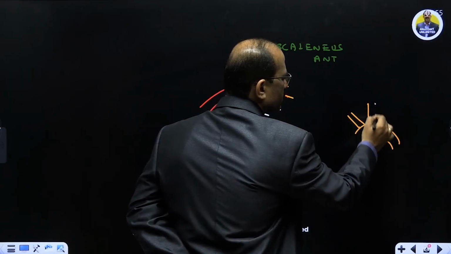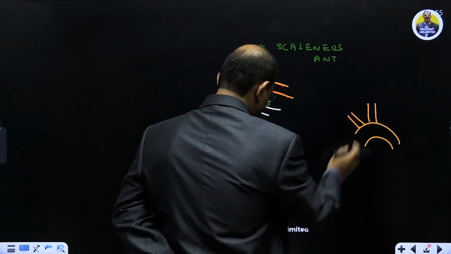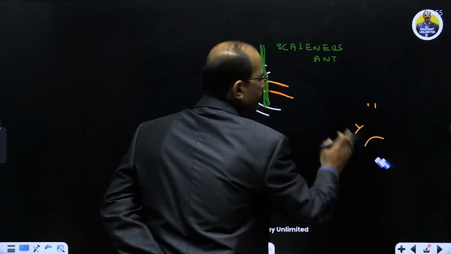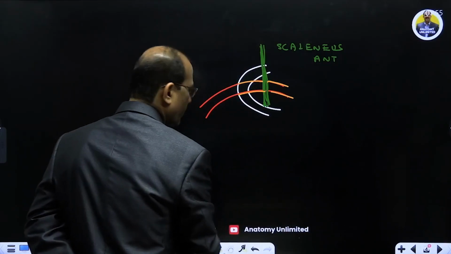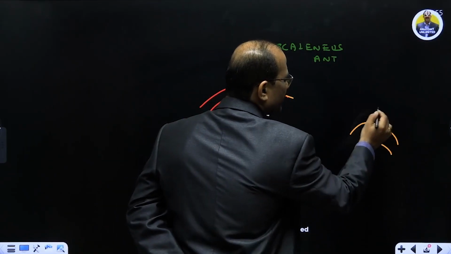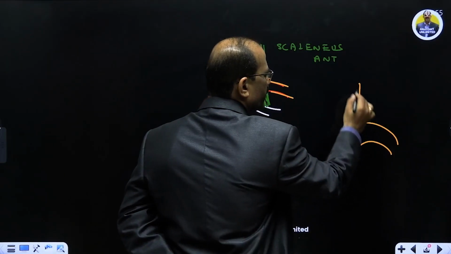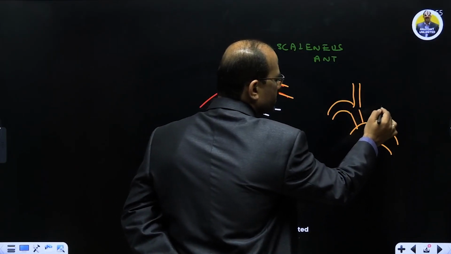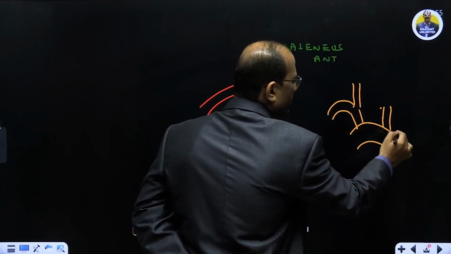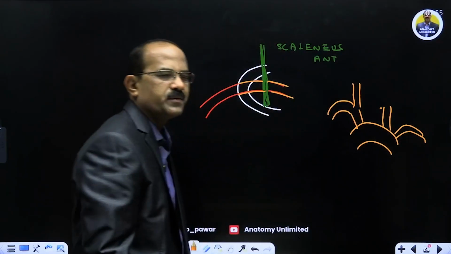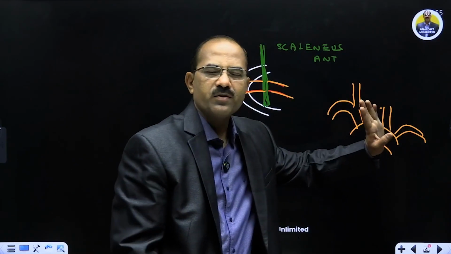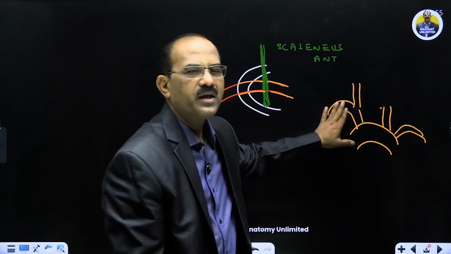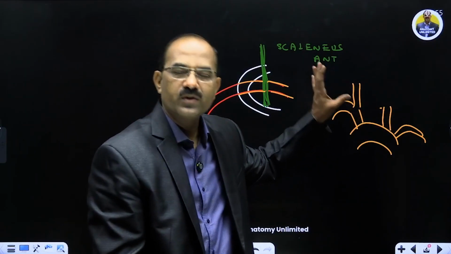Sorry, what was wrong here? So this is the brachiocephalic trunk. This is the right common carotid. This is the right subclavian, this is the left common carotid, and that's the left subclavian. The left subclavian artery arises from the arch of aorta. The right subclavian artery arises from the brachiocephalic trunk.